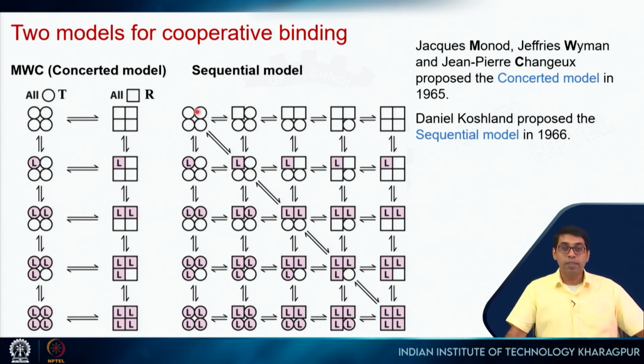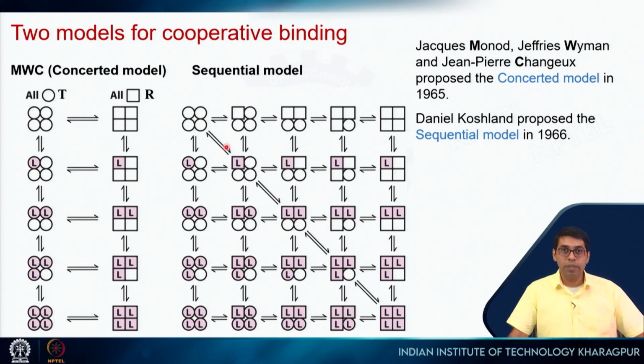The sequential model says that the subunits can be either in the T state or in the R state individually. Right? So the number of possibilities is of course much more. So again, in the free state, all of them are in the T, and when all the subunits are bound to oxygen, it will completely shift towards R, and there are multiple different paths by which it can start from here and reach here.